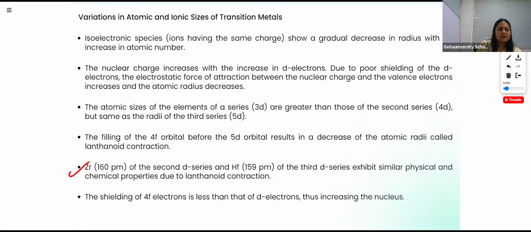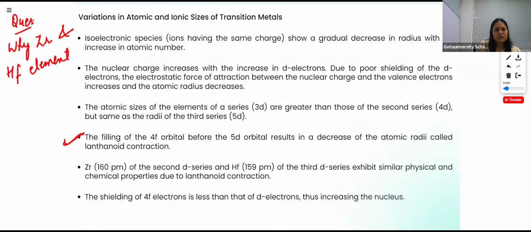There is one question that is commonly asked in exams based on this point of atomic radii: why do zirconium and hafnium elements have the same atomic radius, or why do they have the same size?